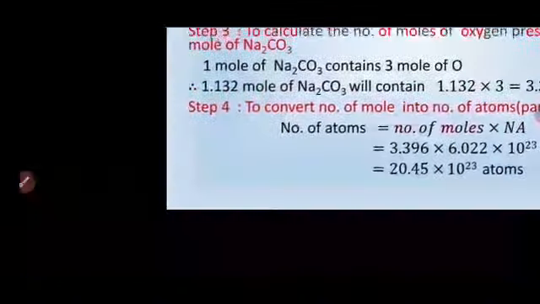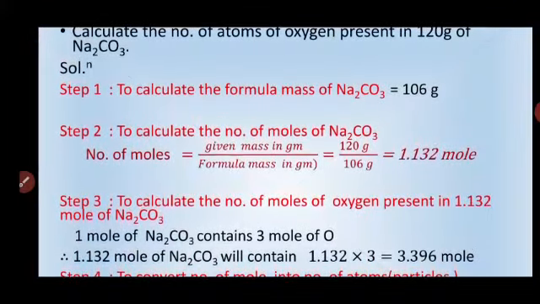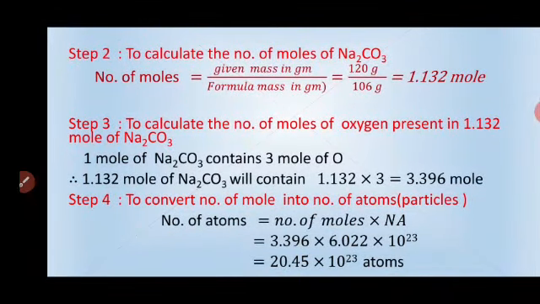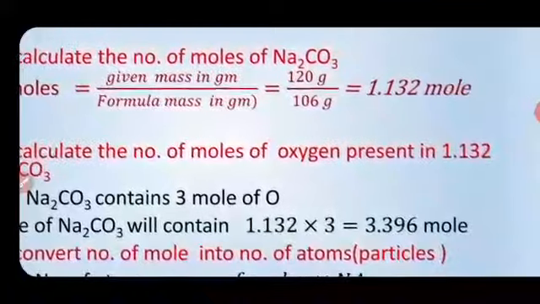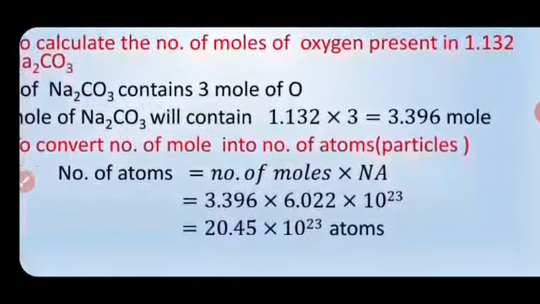When we consider this Na2CO3, 1 mole of Na2CO3 contains how many oxygen atoms? 3, means 3 moles of oxygen are present in this. Then 1.132 mole of Na2CO3 will contain how much? 1.132 into 3, that is equal to 3.396 mole of oxygen.